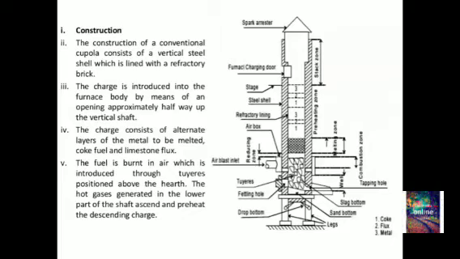Pig iron is the metal, whereas coke is the fuel. What about the limestone? Limestone is added from the charging door because the limestone helps the slag come out from the molten metal. That means the slag will come out from the molten metal by the melting of the limestone, right?